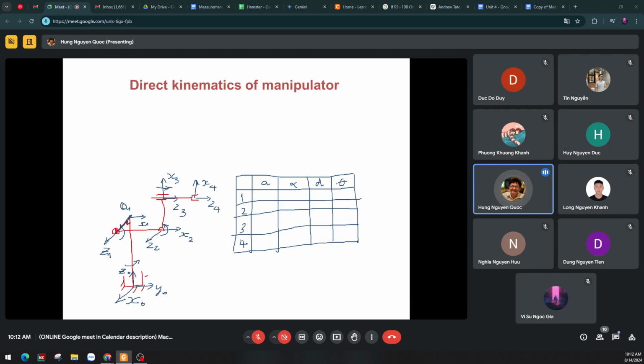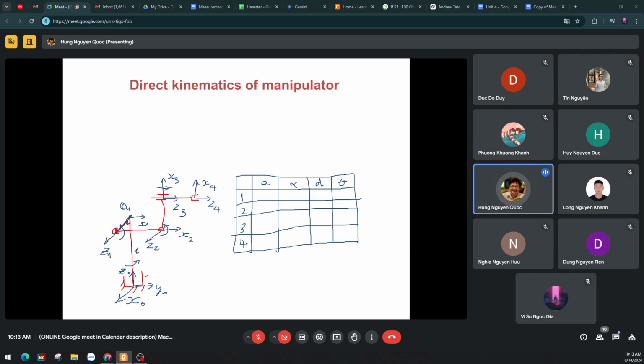Can you help me put the parameters in this table? What is A1? A1 is the distance between Z0 and Z1, and I should put a parameter here, so I should put L1 here.